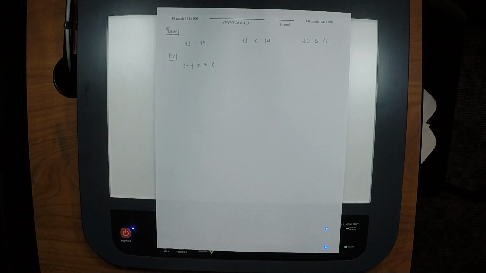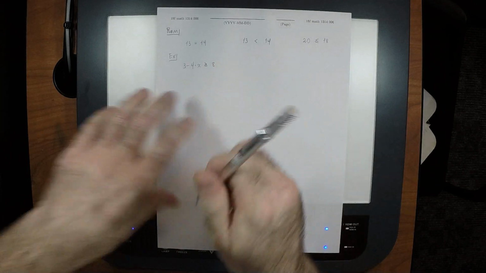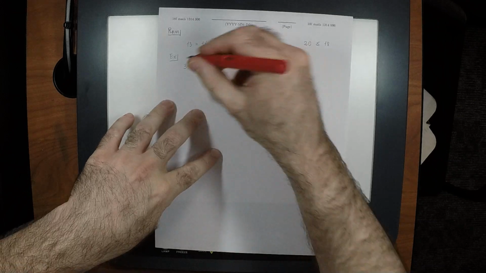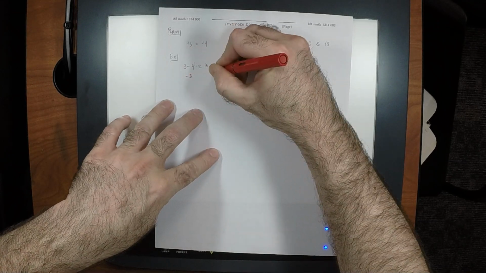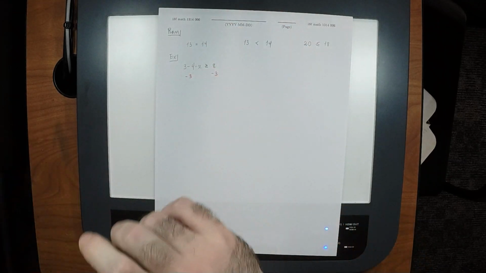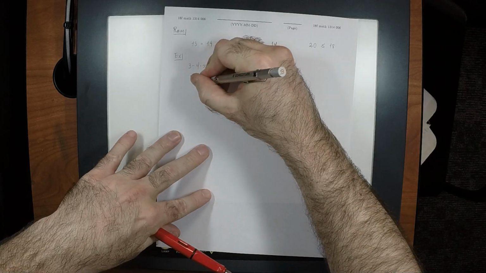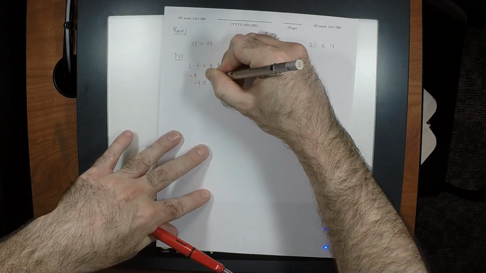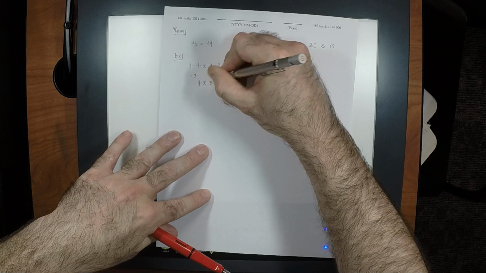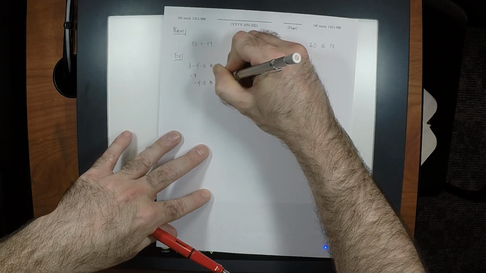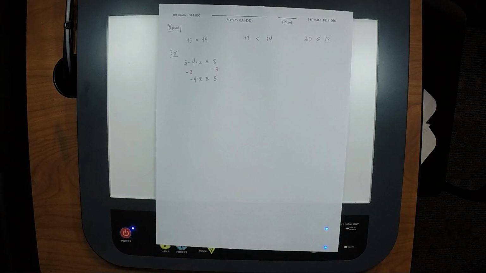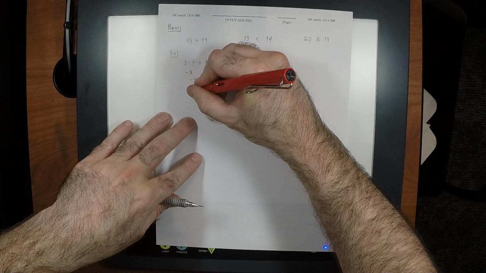So one way we could do this is we could say, okay, I will subtract 3 from both sides to get negative 4x greater or equal to 5. And then, if we wanted to solve for x, then what can we do? We could divide both sides by negative 4. All right.